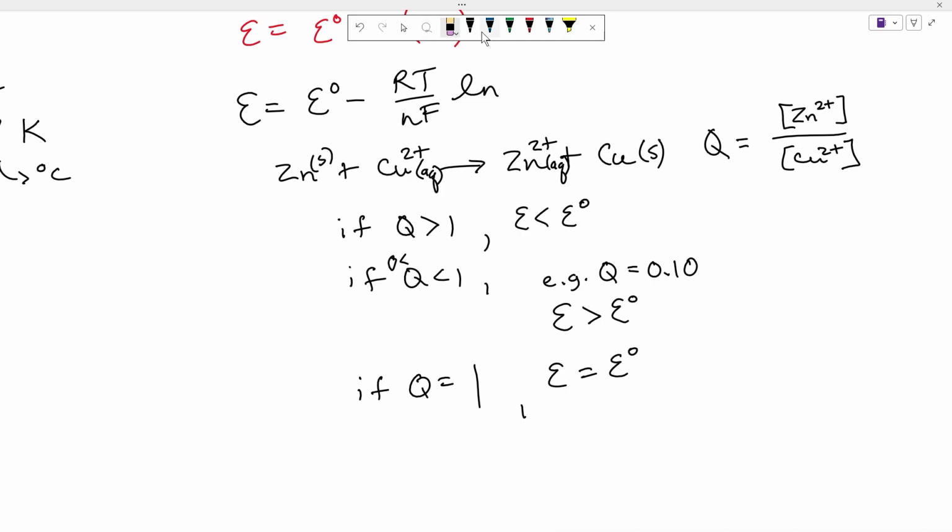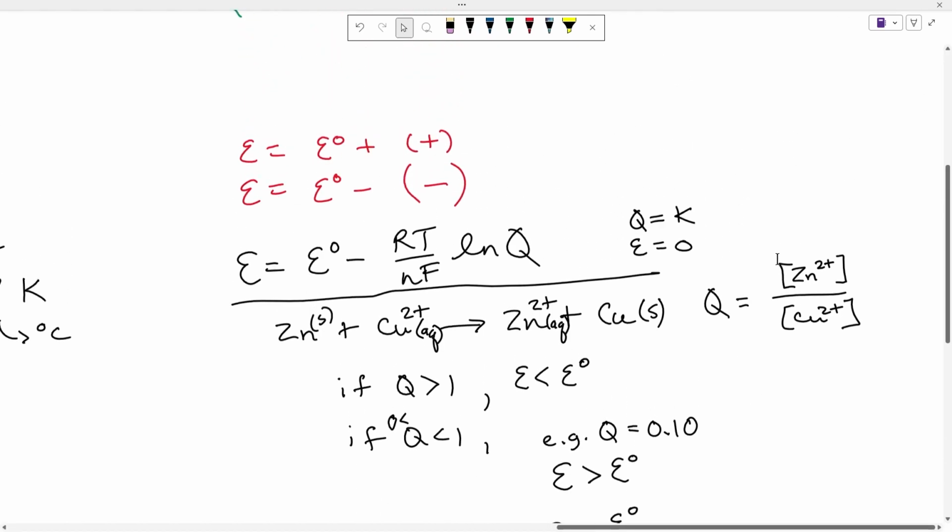Now, one final way to look at this formula, as it came up in class: if Q is equal to K, that's equilibrium, and the cell potential is 0. And when we did that, if we plug in 0 for E, we end up with this formula.